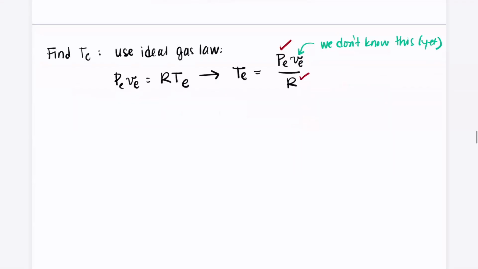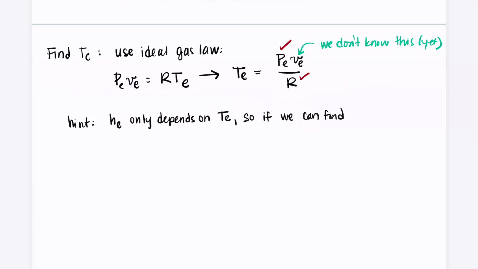So I will give you a small hint. HE only depends on TE. So if we can find HE, then we can find TE using the air table.